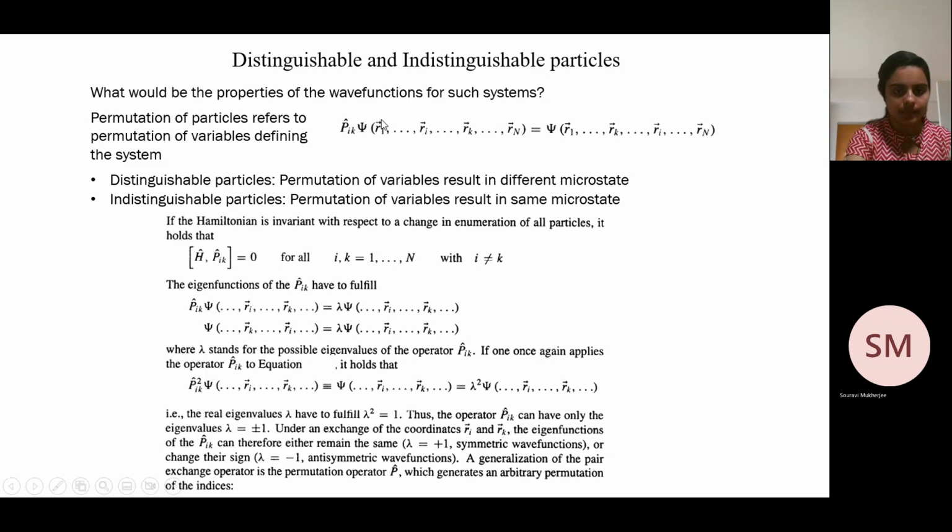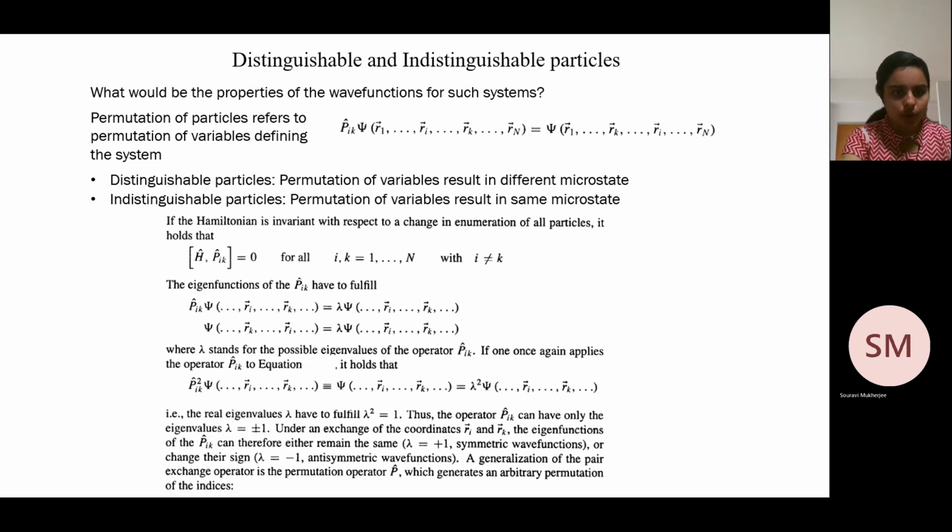So that means P squared psi should be equal to psi. If the eigenvalue of Pik was lambda, the eigenvalue of P squared would be lambda squared. Because the states are equal, lambda squared is equal to 1. That gives you two possible values of lambda, which is plus or minus 1.